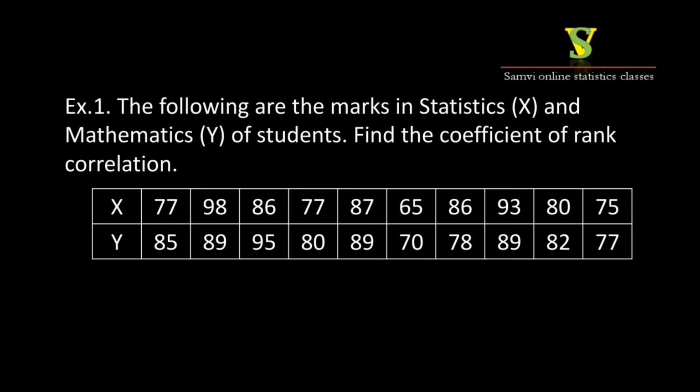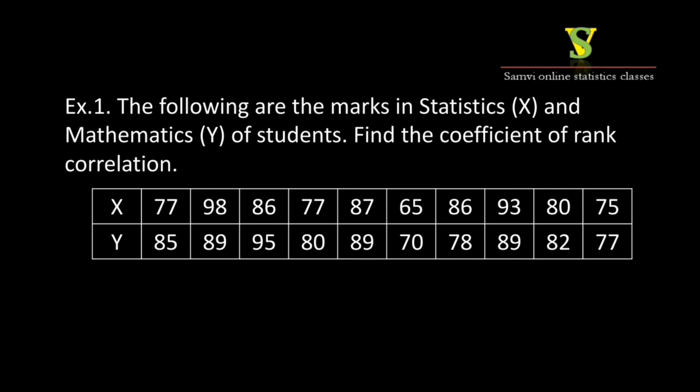Example 1. The following are the marks in statistics and mathematics of students. Find the coefficient of rank correlation. Here X indicates the statistics and Y indicates the mathematics. The marks obtained by the students are given here.